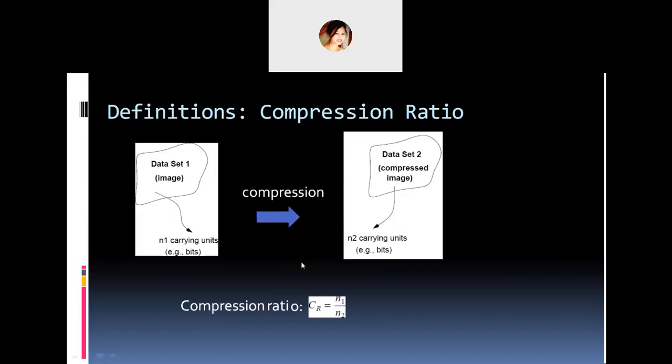The compression ratio is the original size divided by the compressed size, where the size of the image is in terms of bits. So CR, the compression ratio, equals n1 by n2.